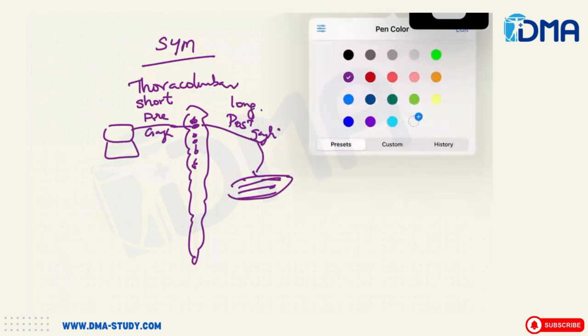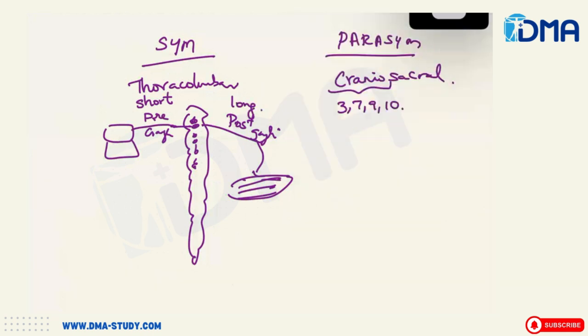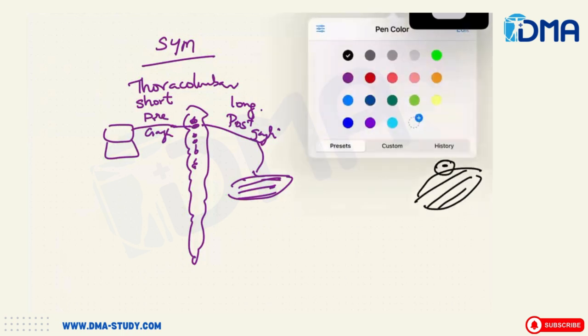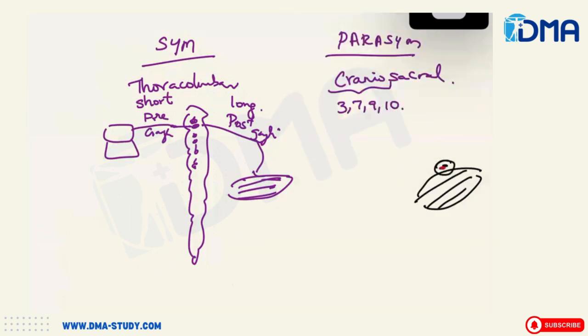What happens in the parasympathetic system? In the parasympathetic system, the ganglion in which it synapses is almost near to that particular organ. So preganglionic will be long and postganglionic will be short.